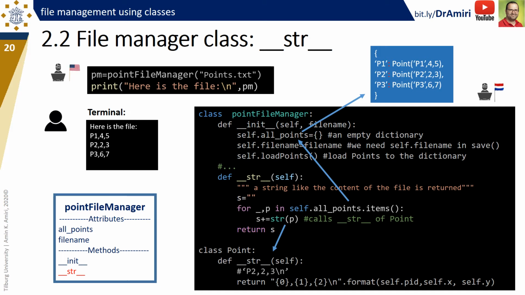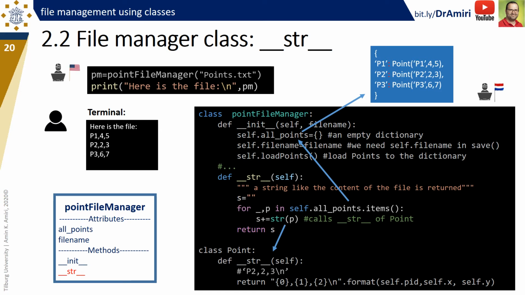So for each iteration, you have this instance of point called p here. You are going to use the str function to call the __str__ of that point. Remember that in the record manager class, we created a __str__ method that would return a string that follows the pattern of a record in the file.